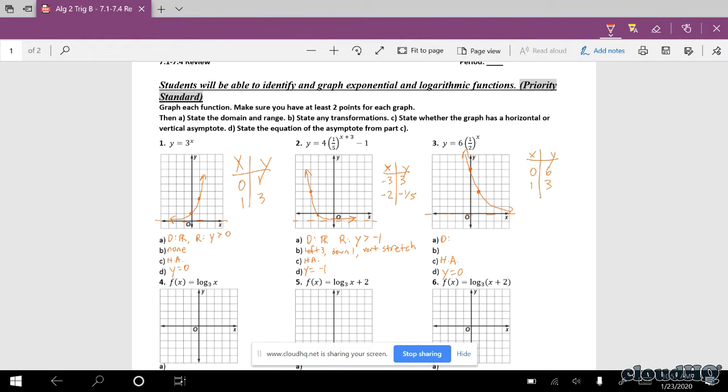So my domain, all real numbers, and my range is that y has to be above 0. We didn't go left or right, but that 6 does give us a vertical stretch.